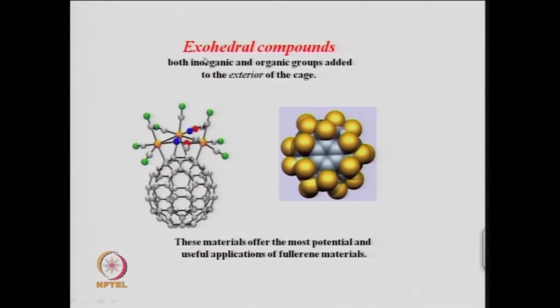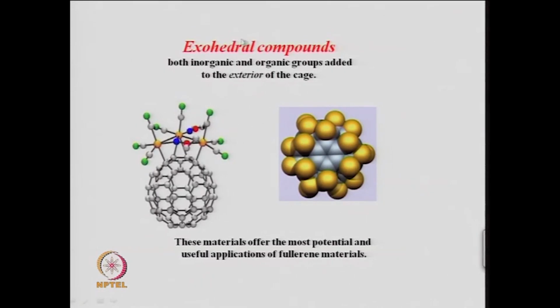In the exohedral compound, you can have inorganic groups. So, you may have a metal with some ligand. You can have, say, platinum or nickel or gold, some metal with some accompanying ligands on the surface of the C60 or C70 molecule, and this is another projection. So, the C60 or C70 molecule is inside, and you have these atoms outside.